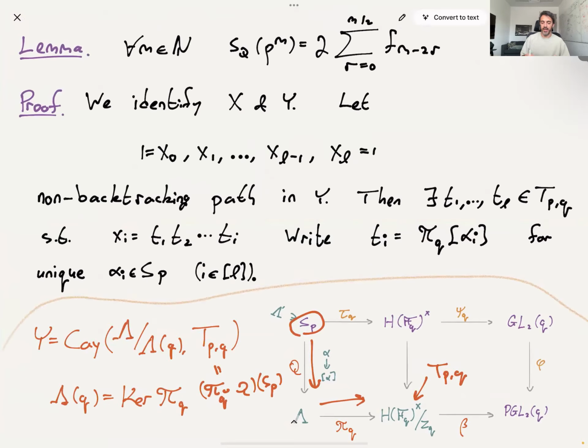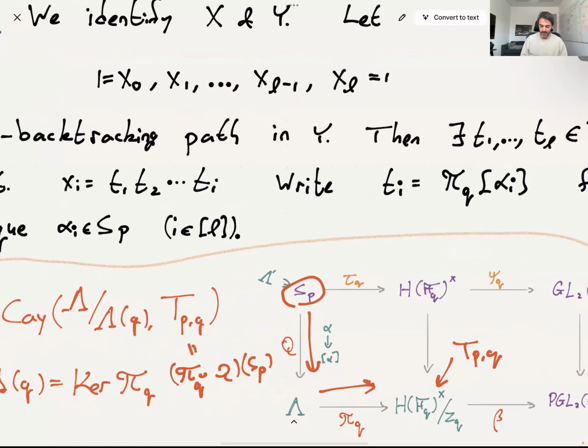And so these are the generators, but the actual group that you're working with is the image of pi_q of lambda. So you look at lambda, you look at the image of pi_q, and it's some subset here.